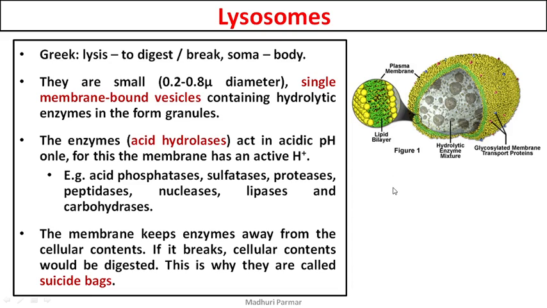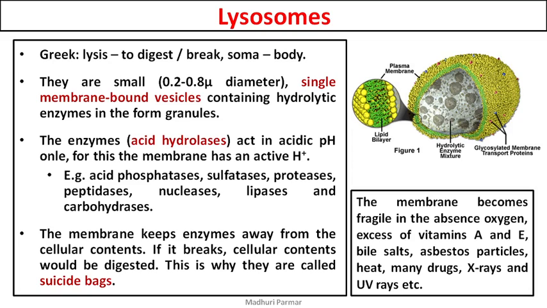If the enzymes leak out, they start digesting the organelles or the food storage material or anything which is present inside your cytoplasm. So the cellular contents would be digested, and so they are called suicide bags. You only break the membrane if you want the cell to die.